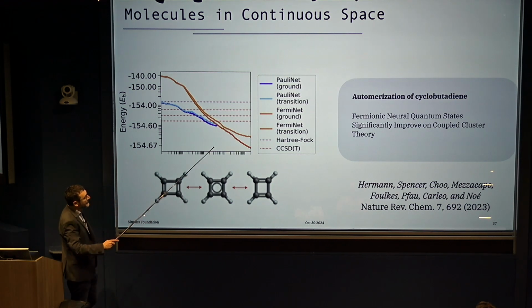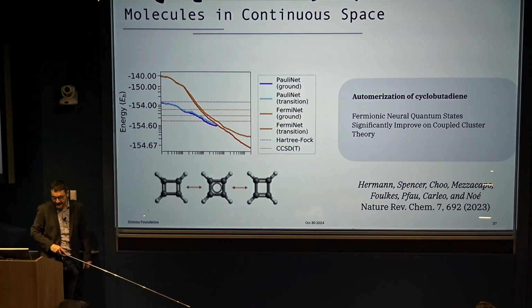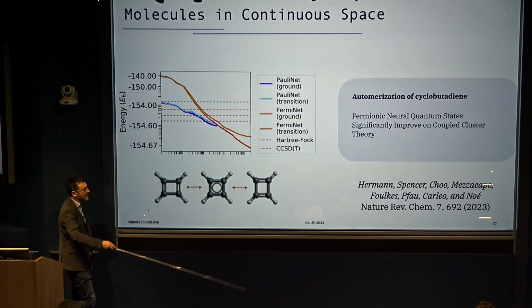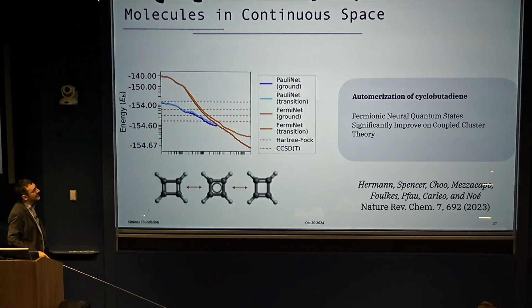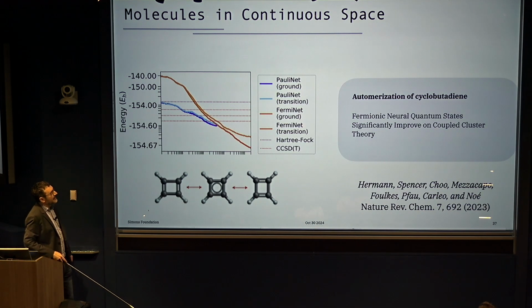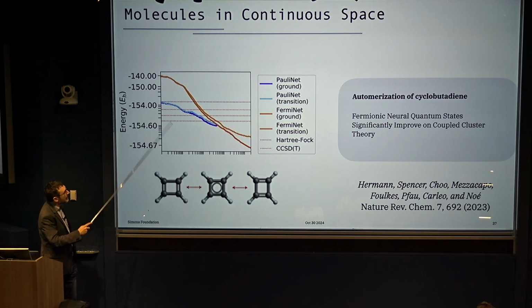Also, there have been very important applications in the context of molecules. In quantum chemistry, in this review, we wrote about the developments that have happened in the field, some of which driven by DeepMind itself, where these neural wave functions have been applied to study molecules.